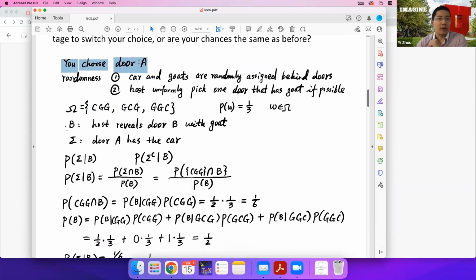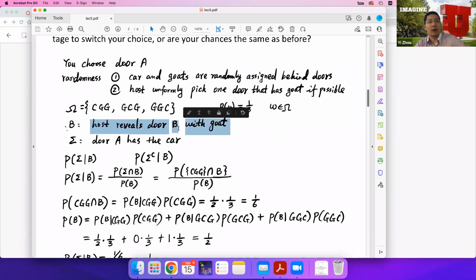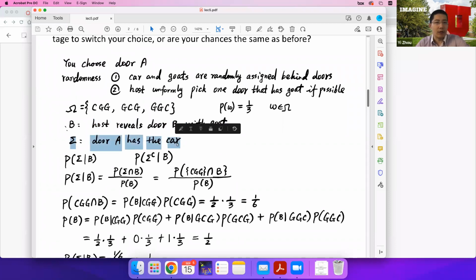And then we pick, let's say we pick door A. Let's denote the door that we pick as A, and then let's assume the host reveals door B with a ghost, and apparently B is not equal to A. And we care about whether our choice of the door has the car behind it. So this is the event that we are interested in.